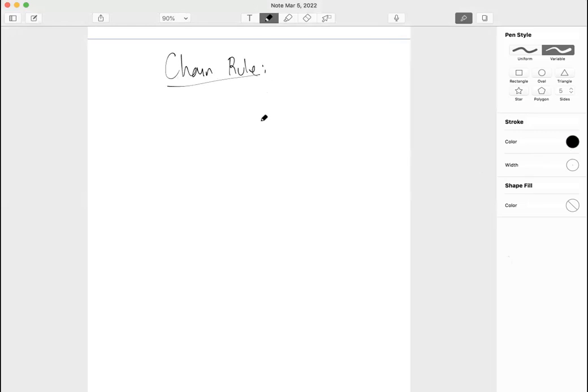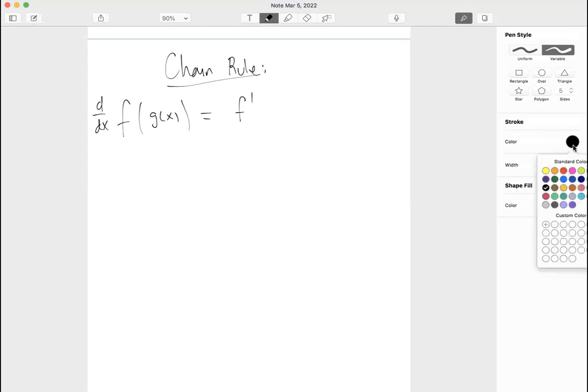If you have a composition of two functions and you want to find the derivative of it, I'll tell you the formula, I won't prove it now. What you do is you take the derivative of the function that you're plugging into. So this is the function that you're plugging into.